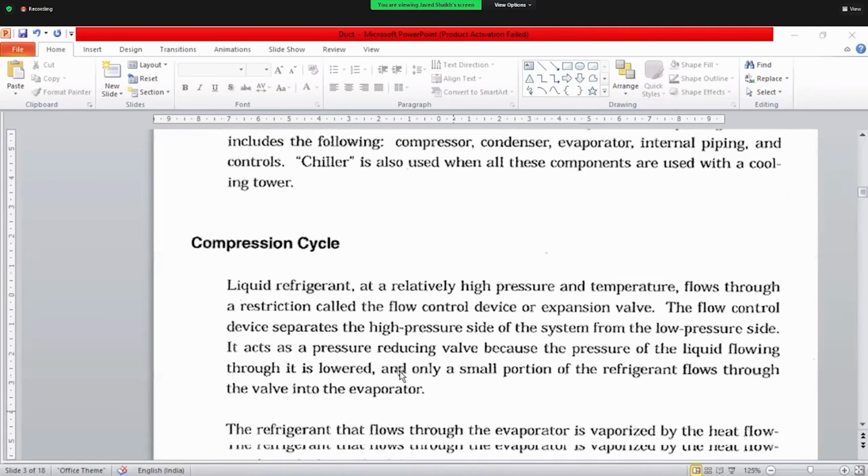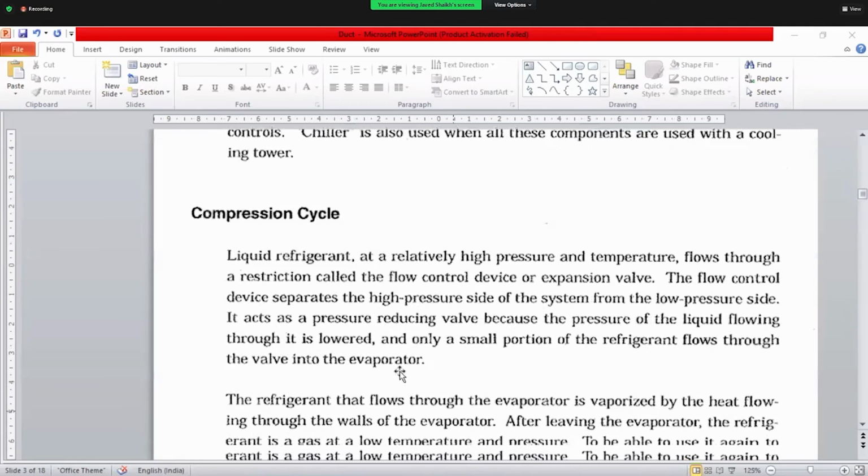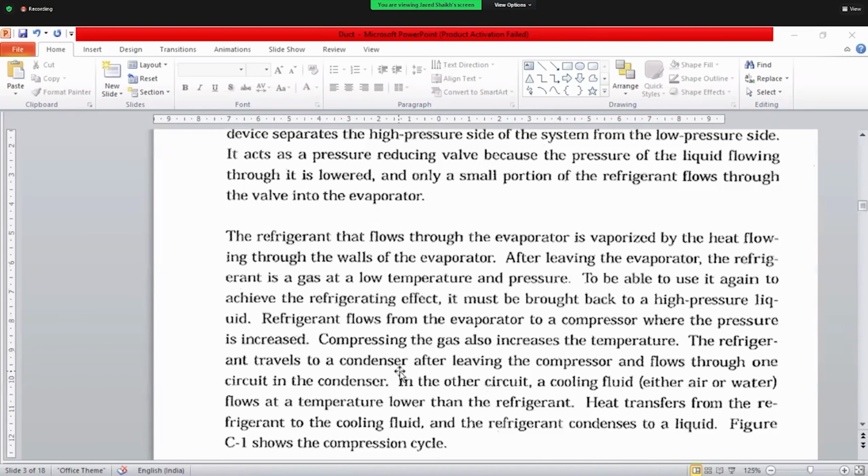As we all know, in a compressor the gas gets compressed by the screw or scroll compressor. When we compress something, the temperature of any liquid or any fluid increases. So the same happens with the refrigerant also. As we compress the refrigerant, the temperature of the refrigerant increases.